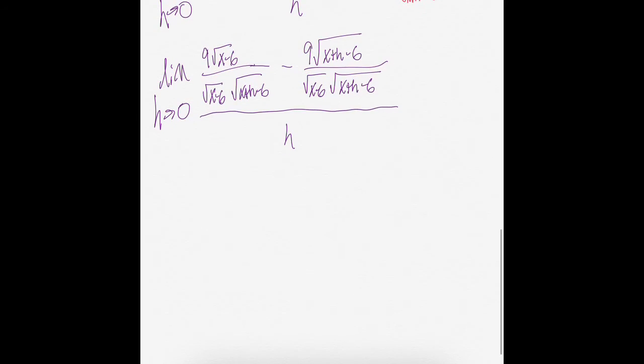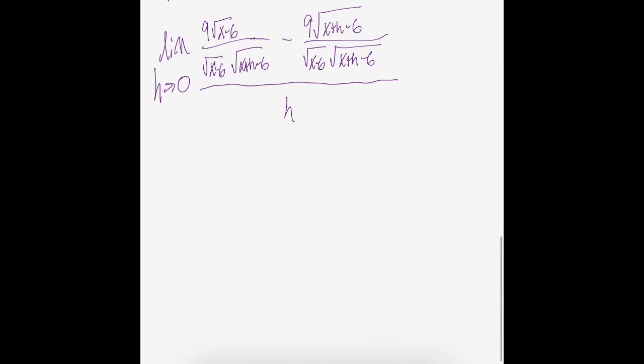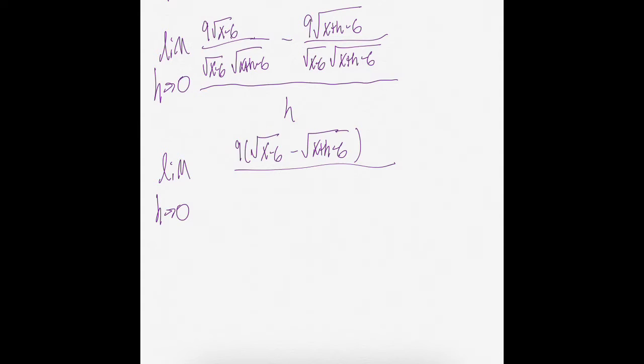Okay, so still not super clean yet, I'll be the first to admit, but I think we're on the right track. So what I'm going to do now is rewrite that numerator. Let me combine those into one fraction. So now it's going to be 9 times root x minus 6 minus root x plus h minus 6, and then in my denominator, I've got this common denominator, root x minus 6 times root x plus h minus 6.